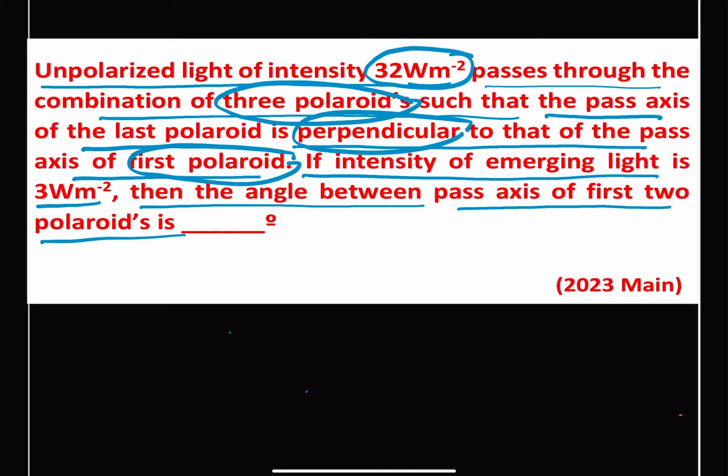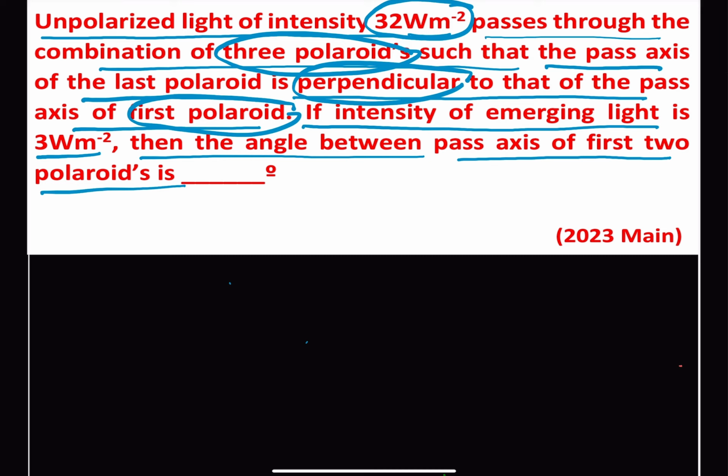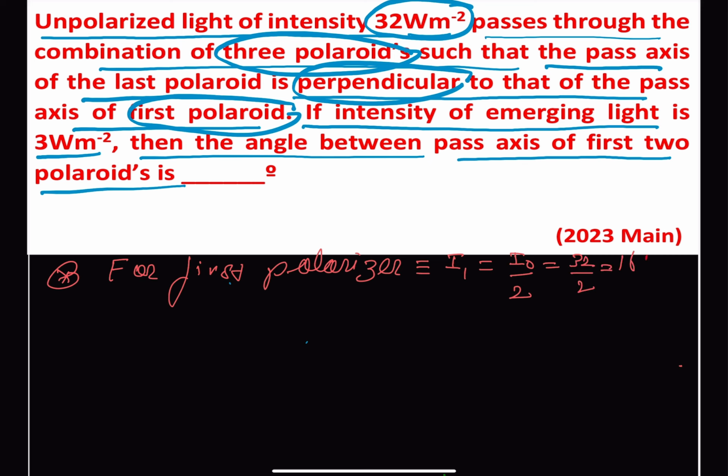For the first polarizer, if its output is I1, then I1 will be equal to I0 divided by 2, which is 32 divided by 2, coming to 16 watt per meter square.